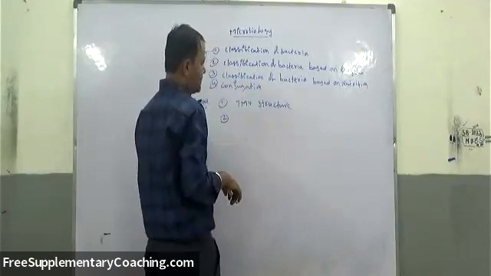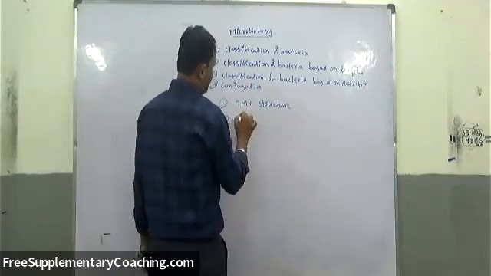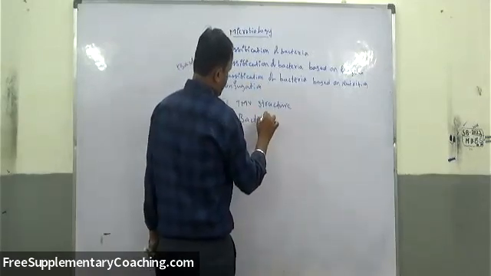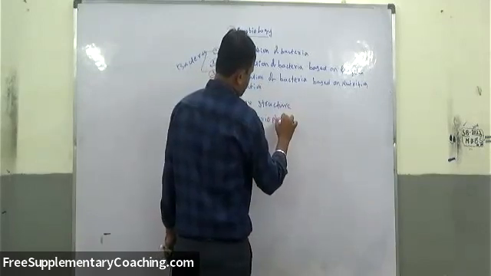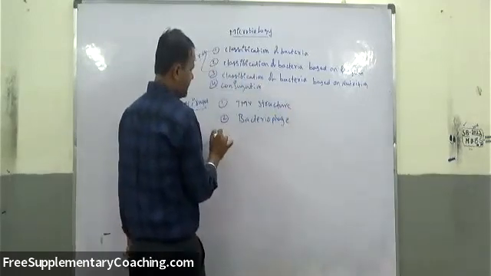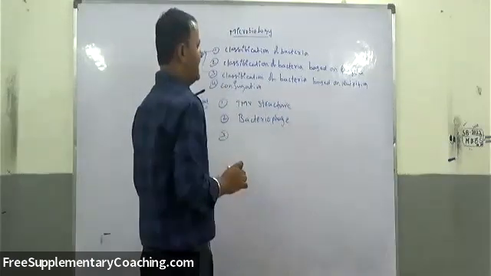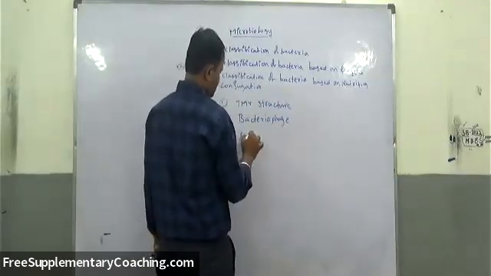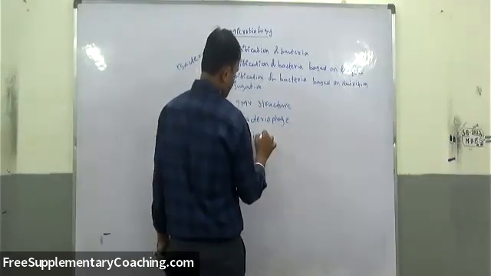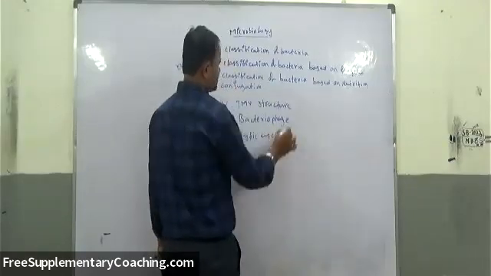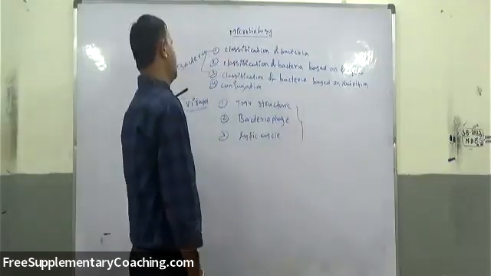Second one is bacteriophage structure. And third one is lytic cycle. These 3 are important in the virus and the 4 are important in bacteria.